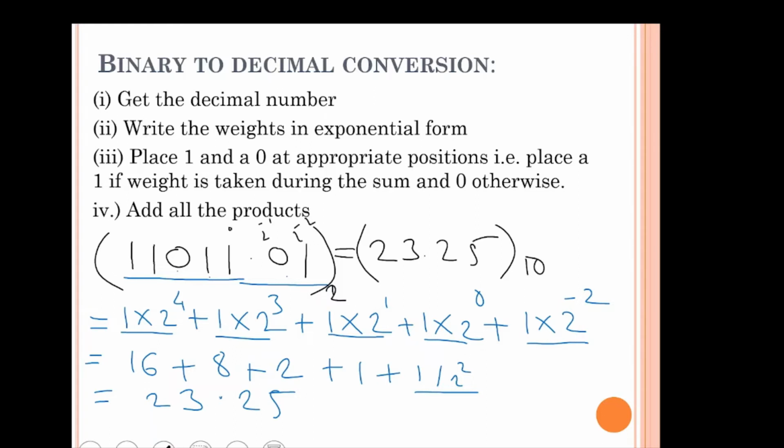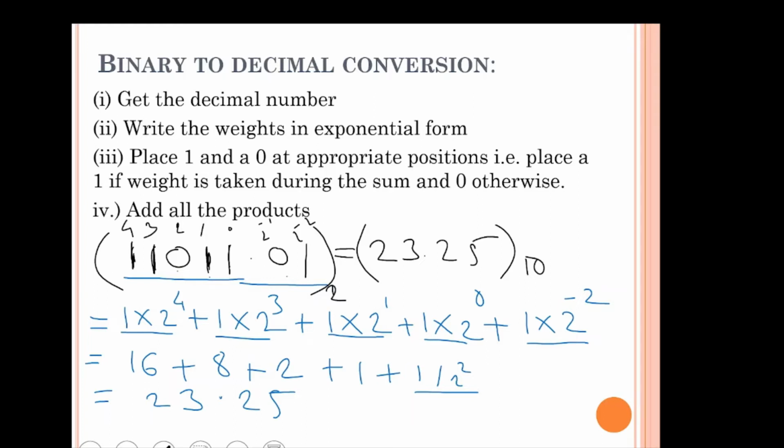This is 0, 1, 2, 3 and 4. So the weight for this one is 2 raised to 4. For this one it is 2 raised to 3. For this one it is 2 raised to 1. For this 0 it is, for this one it is 2 raised to 0. In this way you can convert the given binary number into its decimal equivalent.